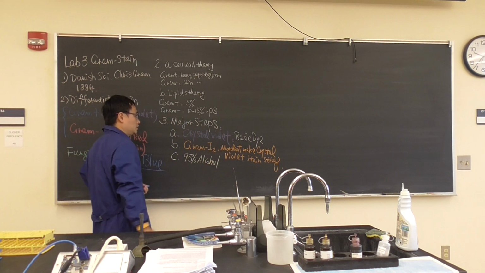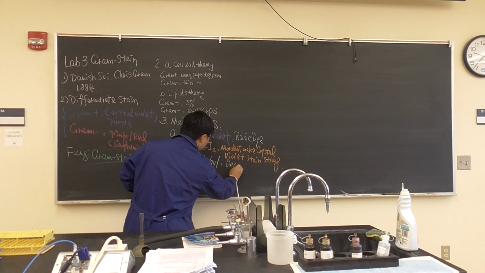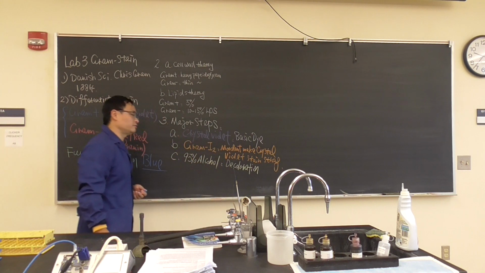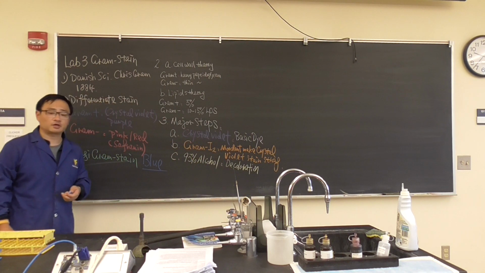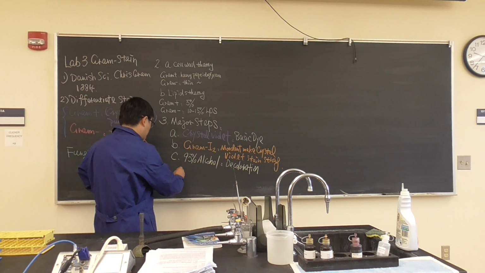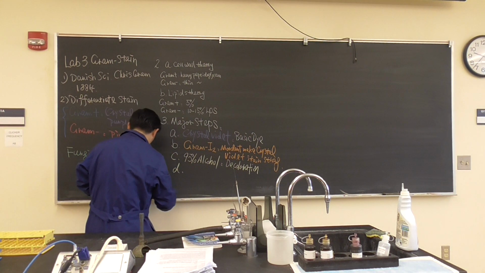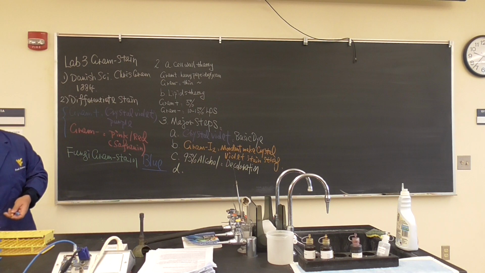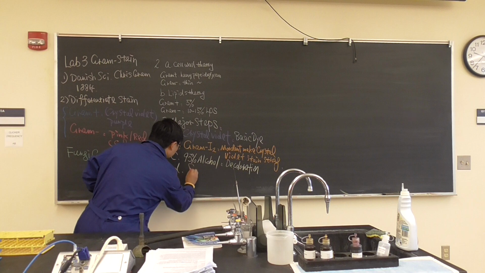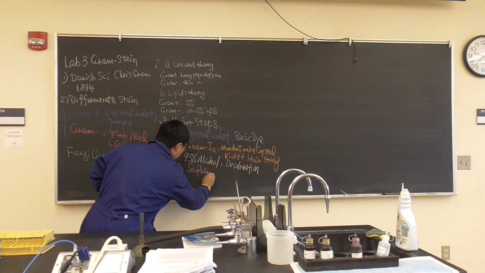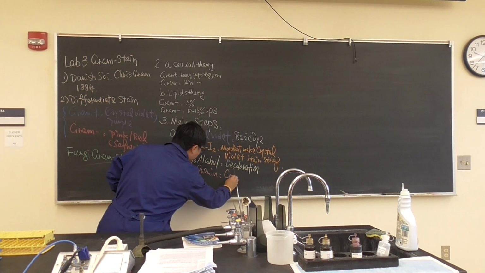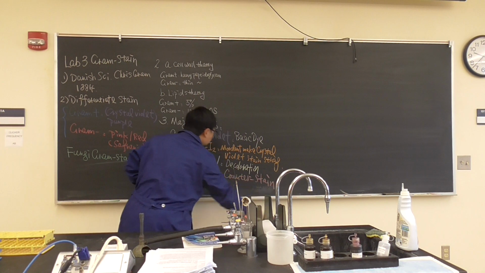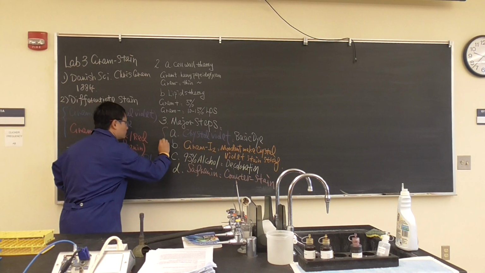And this step is called decolorization. Decolorization has to be very short, because if it's very long, everything will be washed off. The last step is using a very pink or a little bit red dye. We call it safranin. And safranin, we call it a counterstain. Okay, those are the major steps.